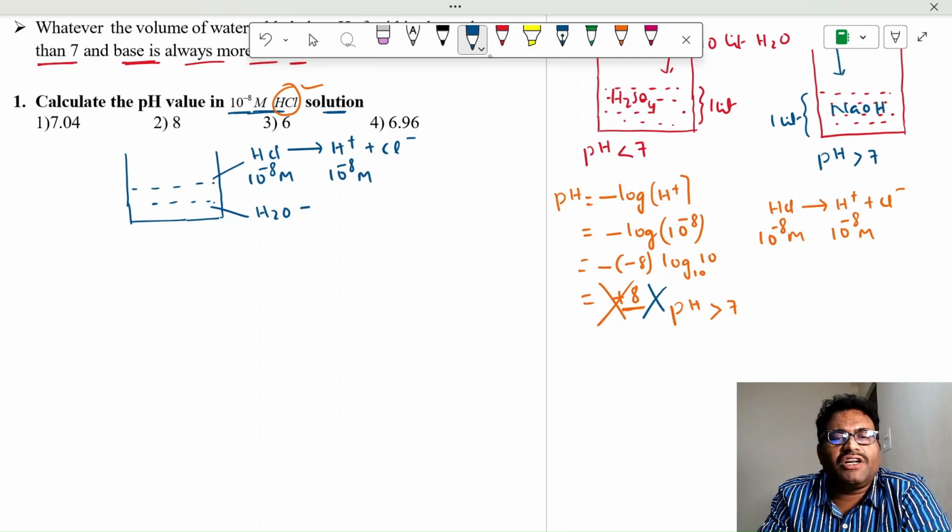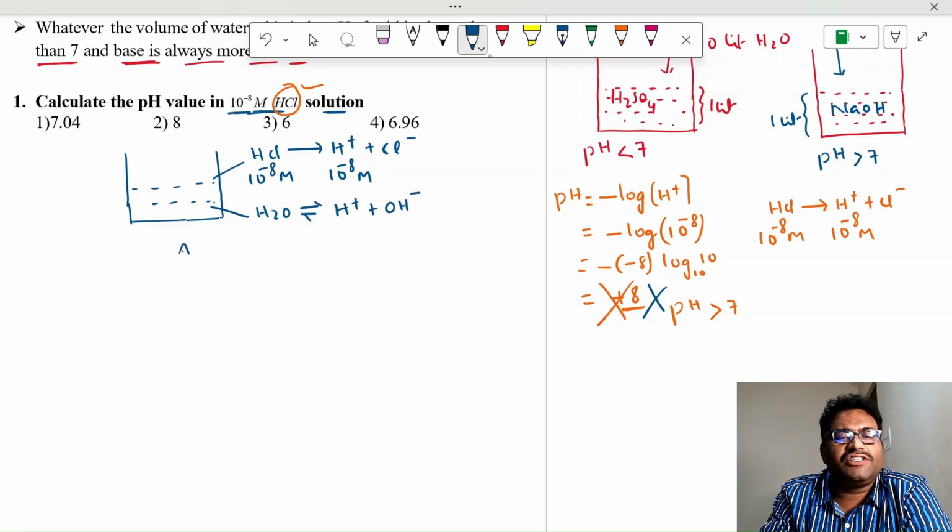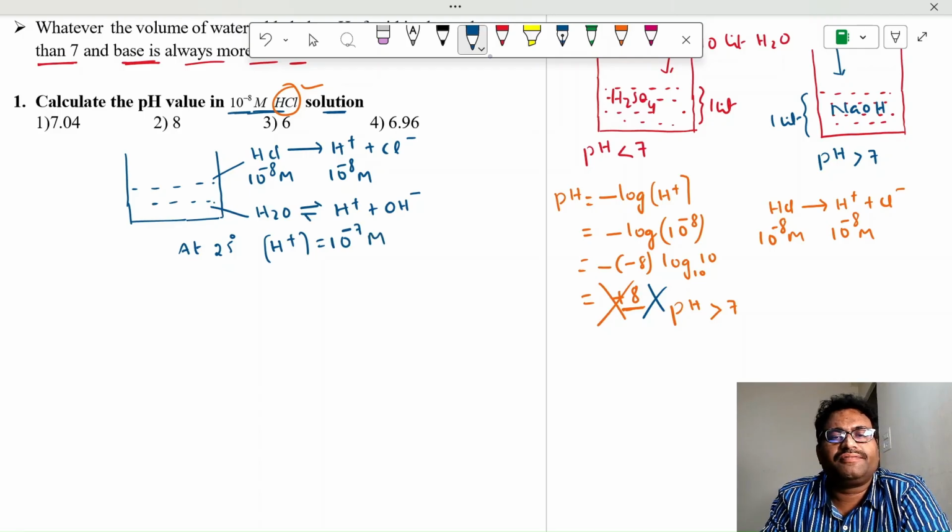And we know that water is a weak electrolyte. It dissociates into H plus and OH minus, and this is all calculated at 25 degrees centigrade. We have studied that the H plus concentration is equal to 10 power minus 7 molar. Now these 10 power minus 8 M and 10 power minus 7 M are comparable.